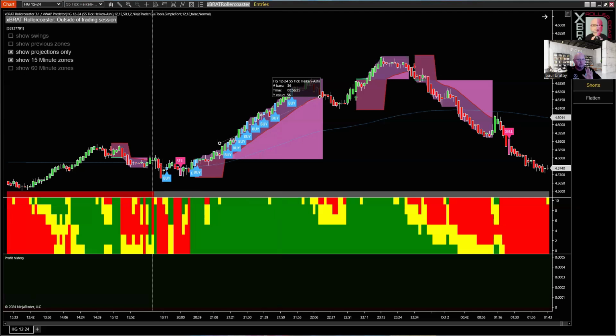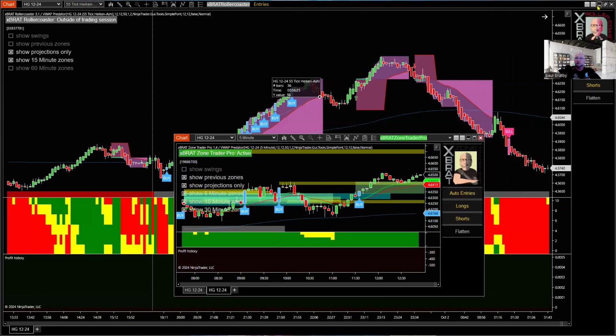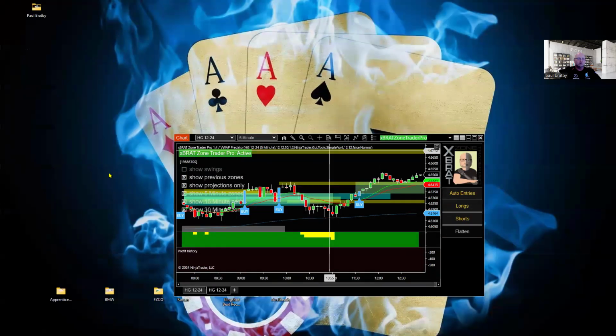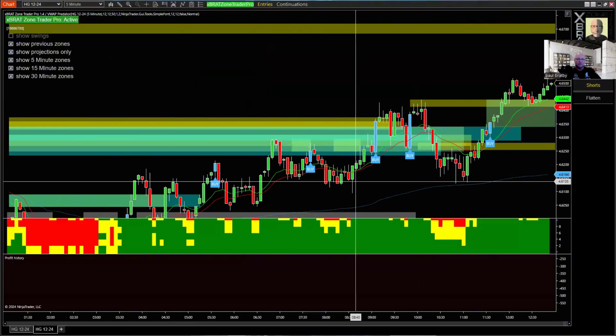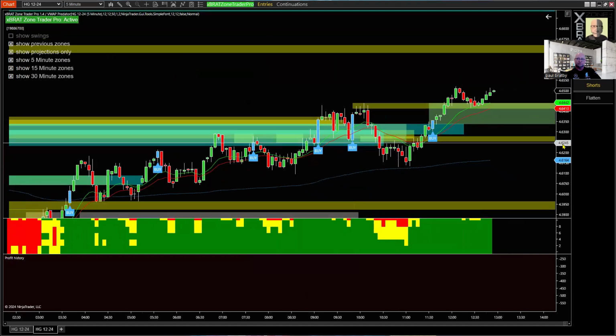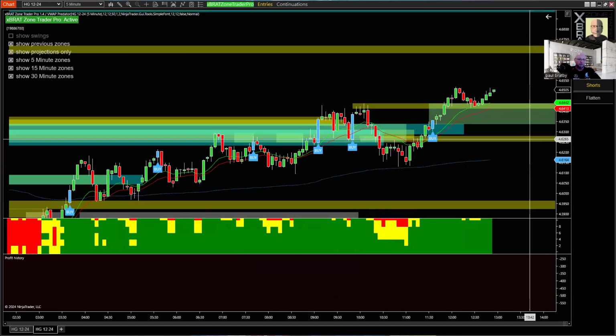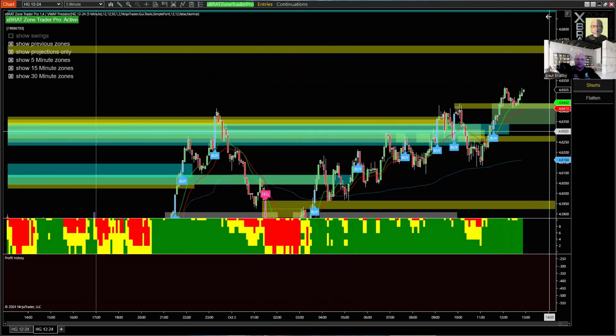So let's go back to determining fresh air, because I think that's very important. Okay, so fresh air. I'm going to go to HG Zone Trader Pro and bring that over. So what we have is the Guardian zones print and follow specific rules that I've been trading for 20 years.